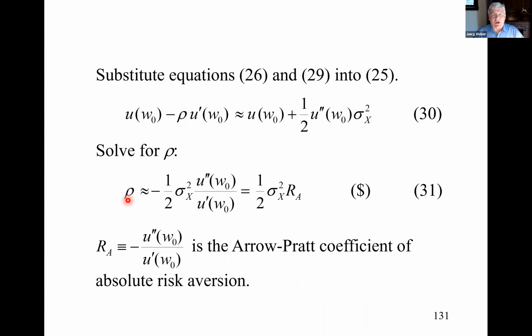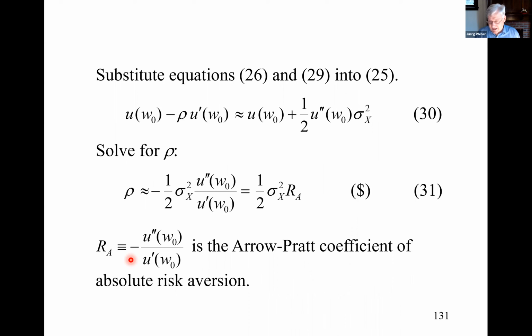Just rearrange and you will get rho. Then I define the ratio of the second to the first derivative as the Arrow-Pratt coefficient of absolute risk aversion. So that's a neat equation for the risk premium of the consumer.